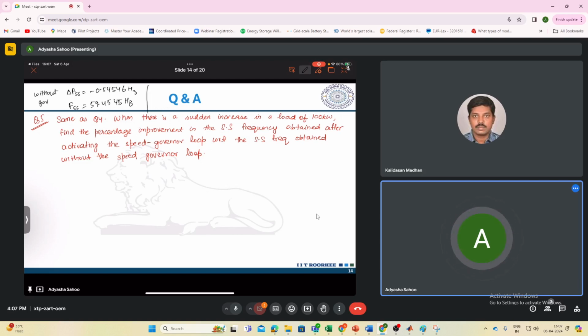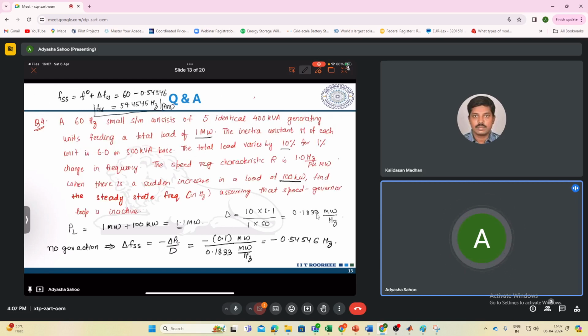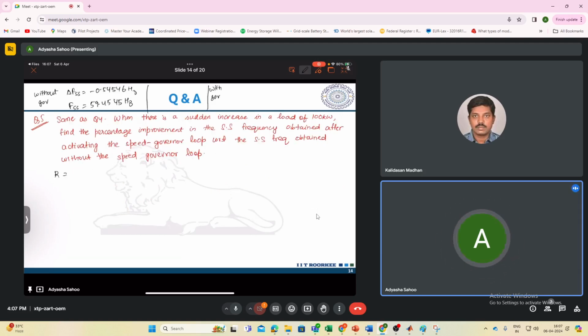So we'll see what will be with governor. Whenever there is governor, the speed regulation feedback will be activated. So that R was given as 1 hertz per unit megawatt.